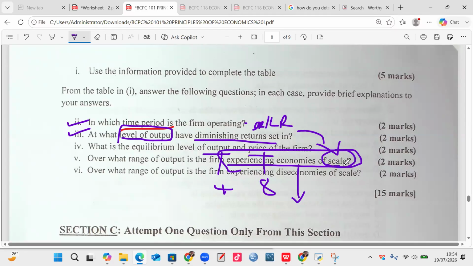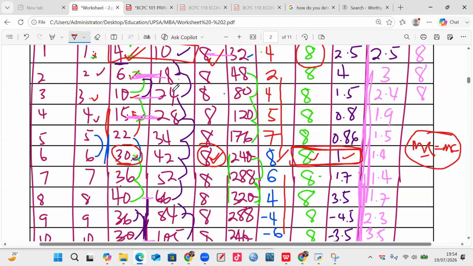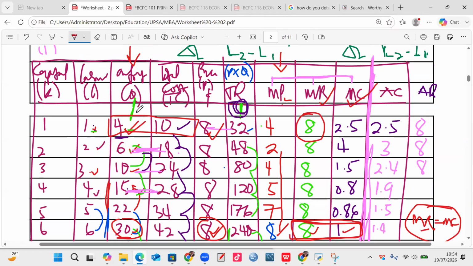So scale means large number. Economies means reduction of costs. So over what range of output, meaning a range could be more than one, is the firm experiencing economies of scale?